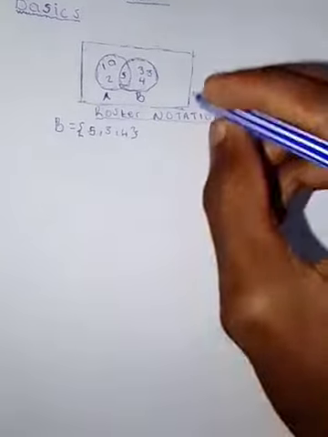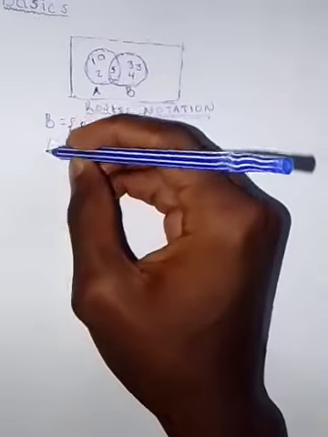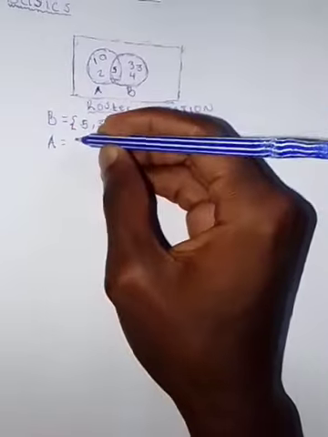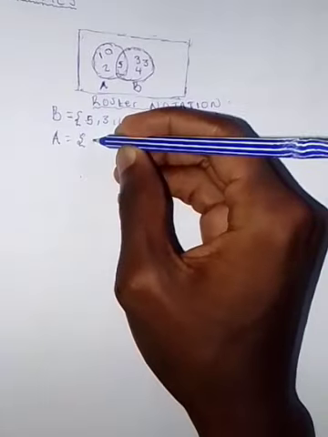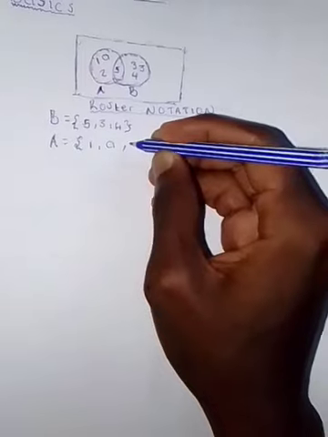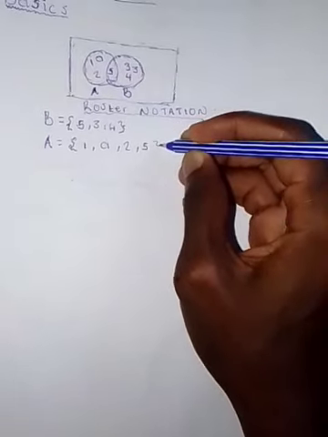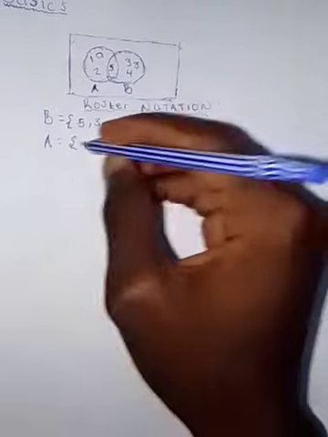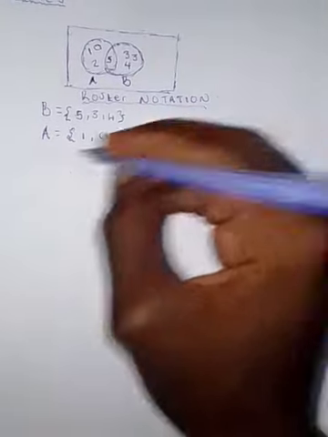Another example, let's say A. You can also represent it in the same way. A has 1, a, 2, and 5, wrapped in the curly brackets.